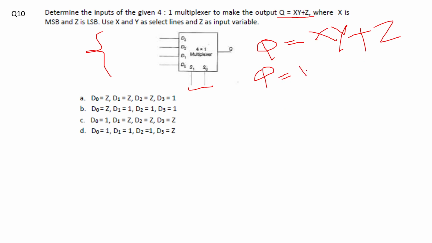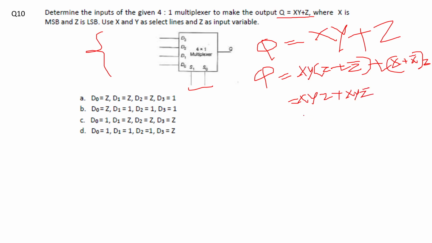So how we will do it? We'll write it like this: XY(Z plus Z complement) plus Z(X plus X complement). So we'll write it here: XYZ plus XYZ complement plus X complement Z plus XZ.